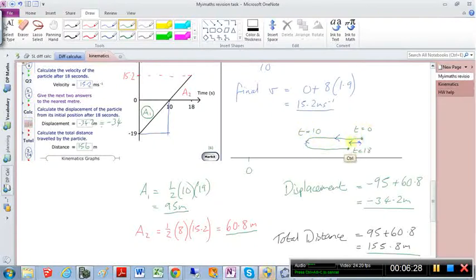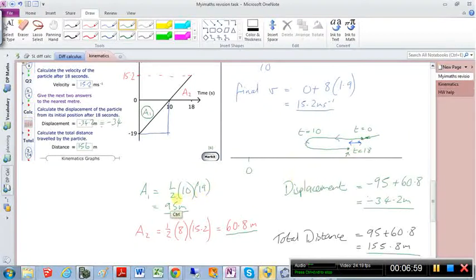So total displacement here from its starting point, well, it was minus 95 when it changed direction, and then it came back towards this starting point, 60.8 meters. So total displacement is negative 34.2. Notice it's negative because its final position here is to the left of its initial position there. Okay, so obviously its displacement is negative, it's moved back towards the origin.